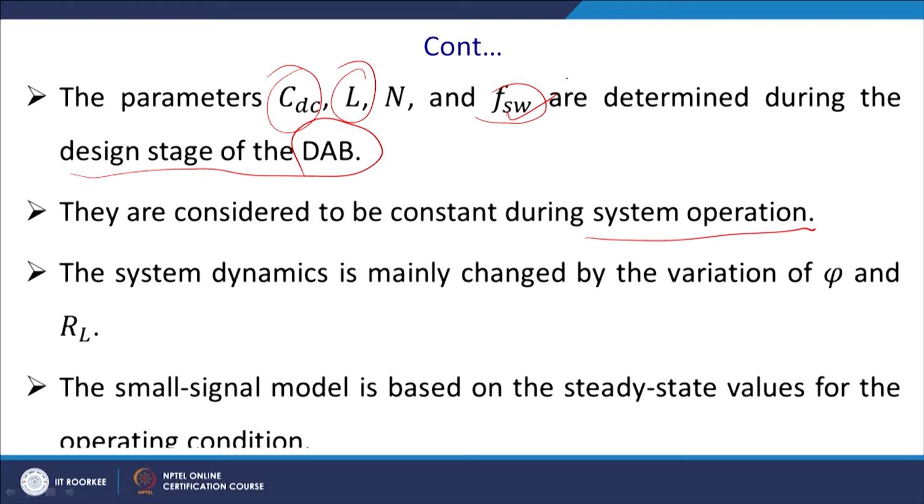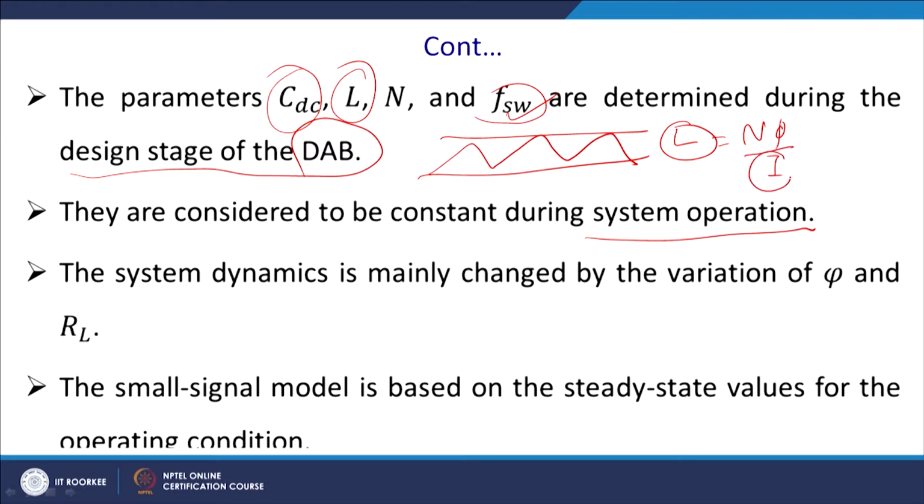So, we cannot use a hysteresis controller, and current is always increasing and decreasing in the inductor, and this is the current through the inductor, and L equals N phi by I. Once current is increasing, you may get close to saturation, thus your value of phi may not be changing, and you have a rollover effect.